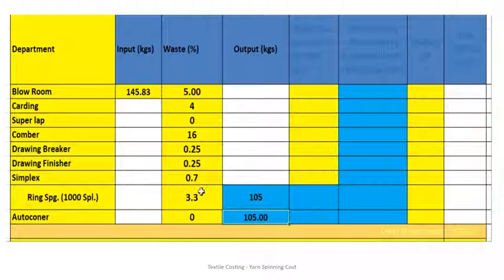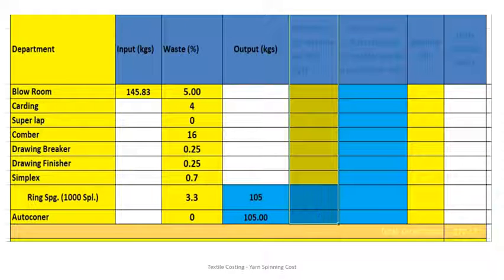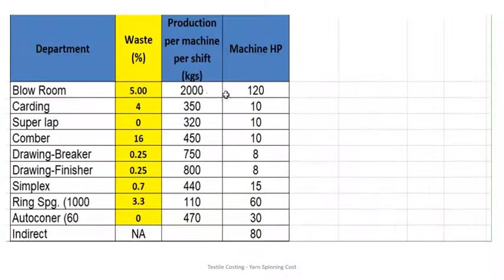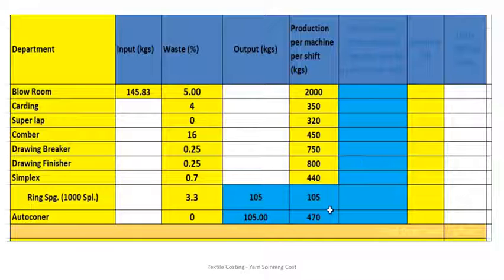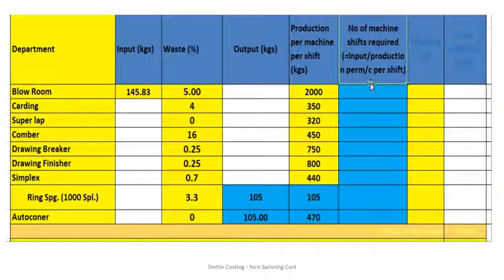Next, the production per machine per shift is already given in the question. In the last lecture, we saw this data. We have to write it here, and calculate the number of machine shifts required.